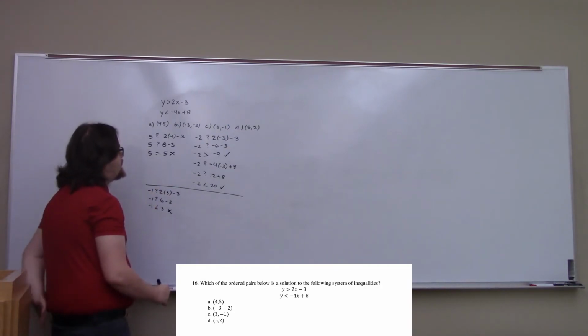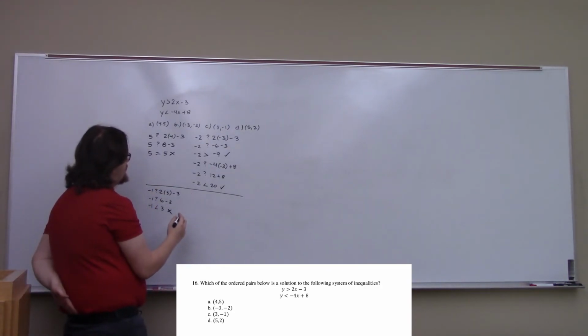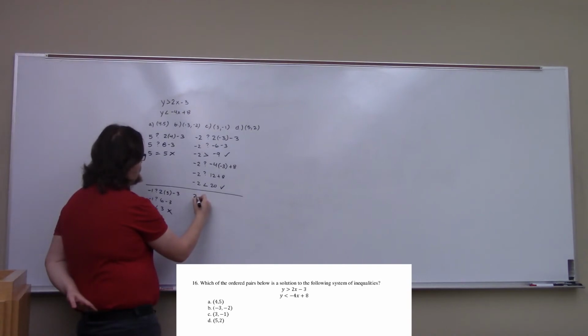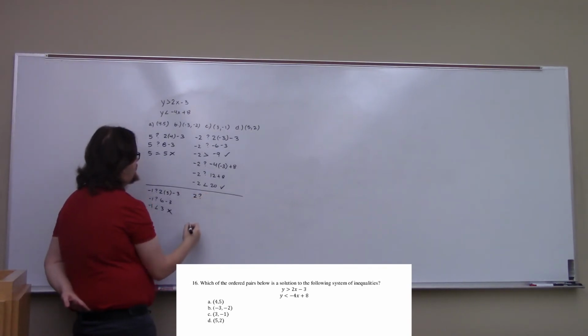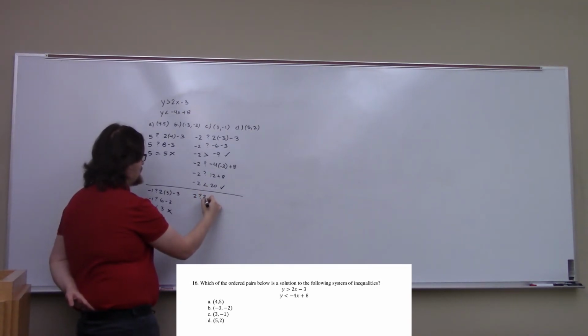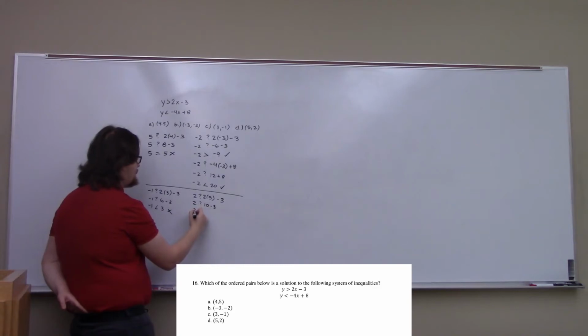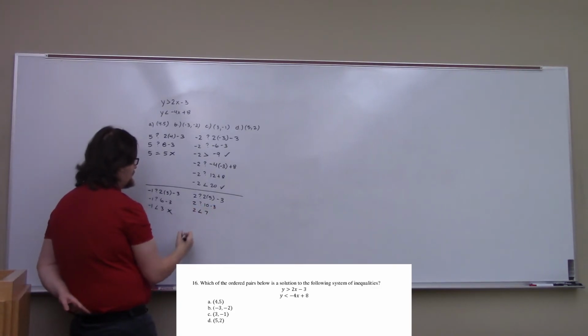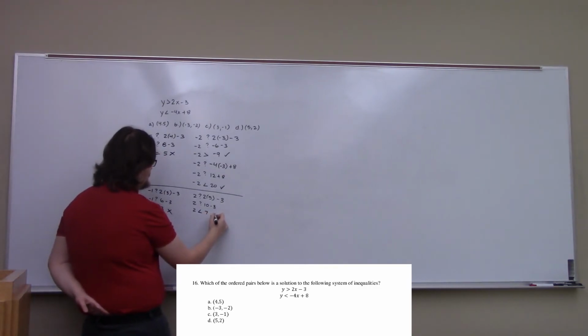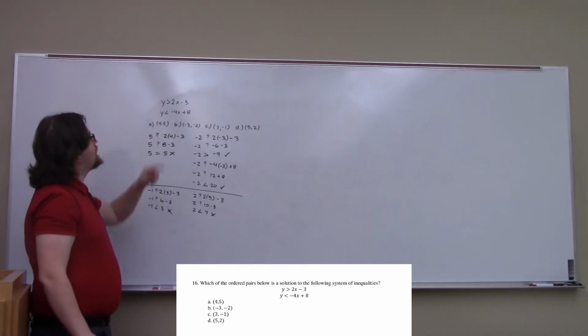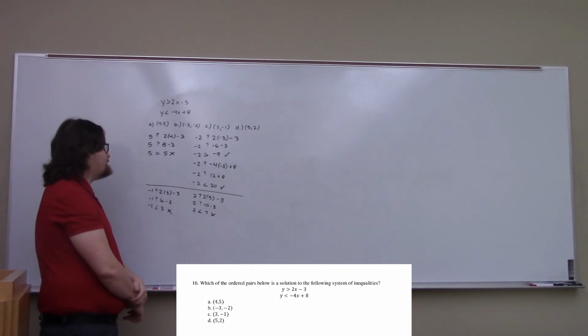Moving on to the next one, we have 2 on the left side, somehow related to 2 times 5 minus 3, 2 somehow related to 2 times 5 is 10 minus 3, and we have 10 minus 3 is 7, 7 is greater than 2, which once again is not the correct direction for our sign.